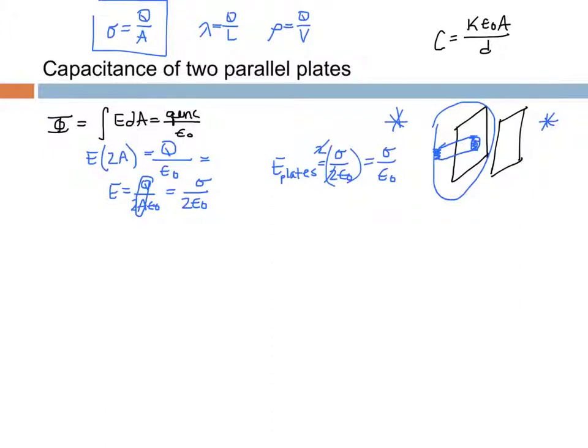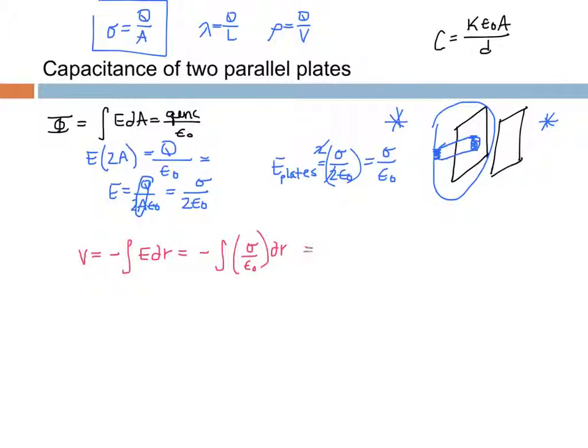So to solve for the potential, it's simply the negative integral of E dr, where E is now sigma over epsilon naught.